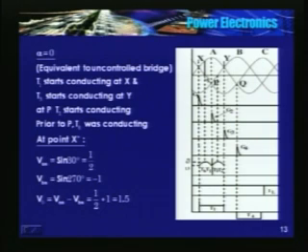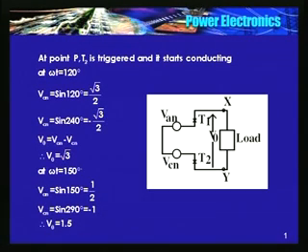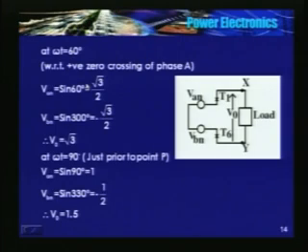Now let us see after 30 degrees what happens. At this point, VAN is sin 60 and VBN is sin 300. So what is the value? Sin 60 is root 3 by 2, sin 300 is minus root 3 by 2.